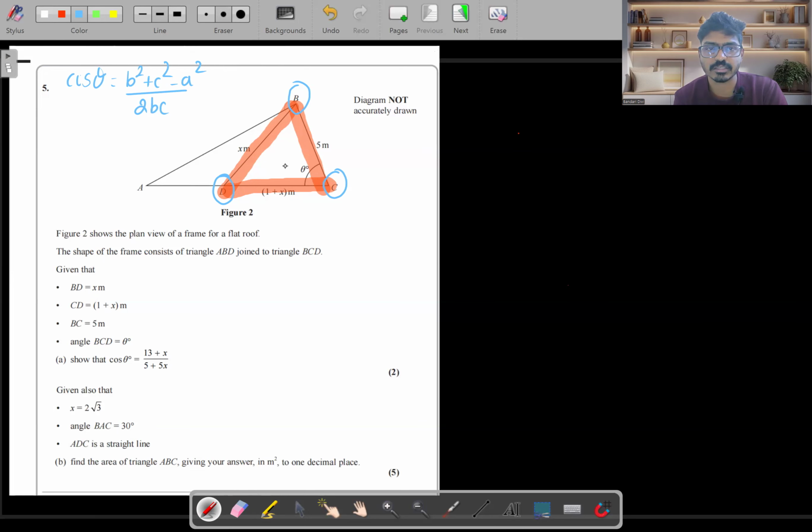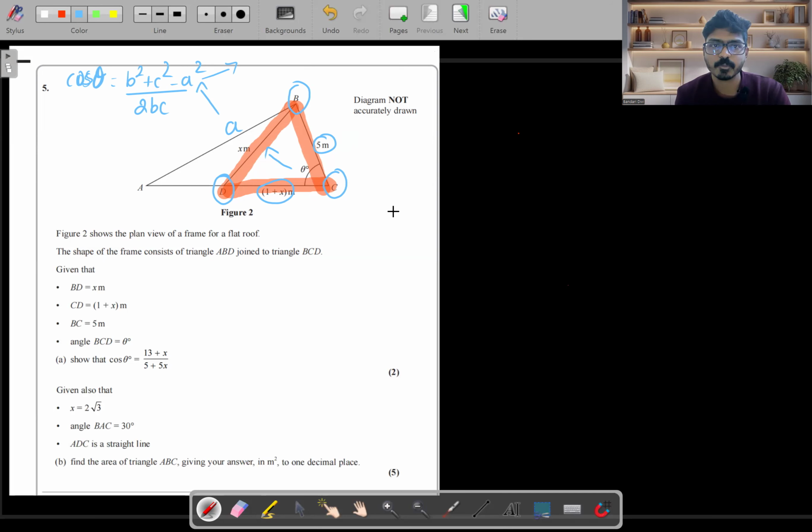If you take this angle, the opposite side will always be a. So this is going to be our a value, and these other sides we are going to add up. That is the concept we need to know about cos theta. Instead of learning it like an equation, we need to learn it like a concept: for any angle theta, the opposite side will always represent a squared.